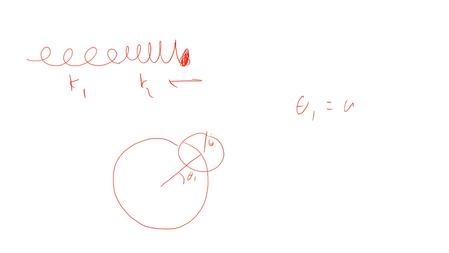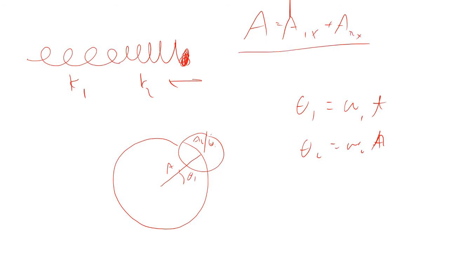That's not simple harmonic motion, but what we do is we imagine that we've got something going around here, some theta 1, and then we got some theta 2 right here, and these two things are going around where theta 1 equals omega 1 t, theta 2 equals omega 2 t, okay, and we have a radius, amplitude 1, amplitude 2, and so the total amplitude is going to be A1x plus A2x, and if you do that, it actually works. And so we call these phasors, and we call this a phasor diagram right here.